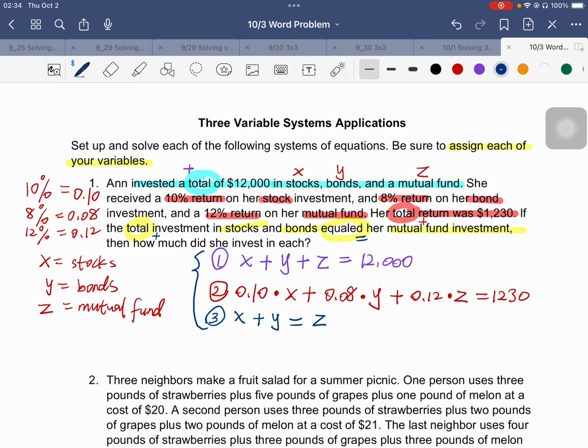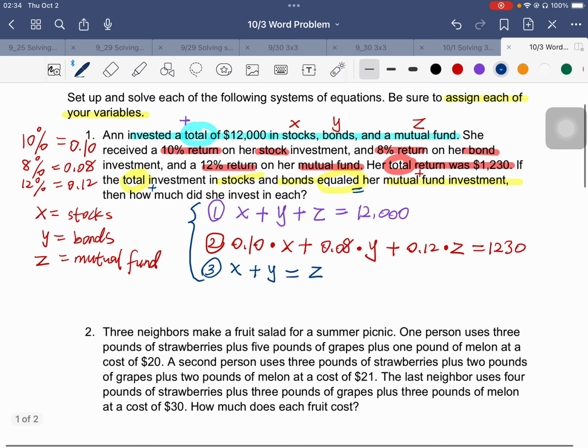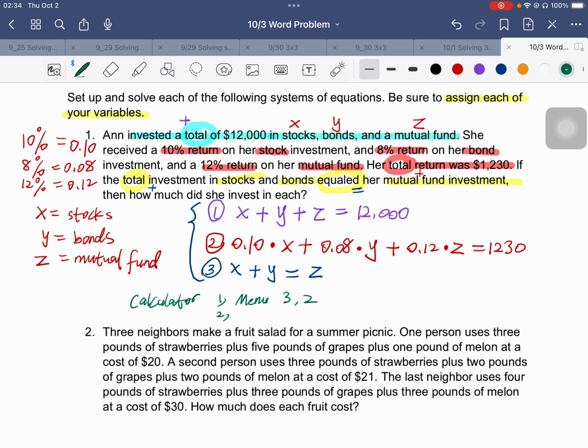What I need to do now is to put them into my calculator. The first step for the calculator is menu 3, 2. Second step, change to 2, 3 equations, then enter.